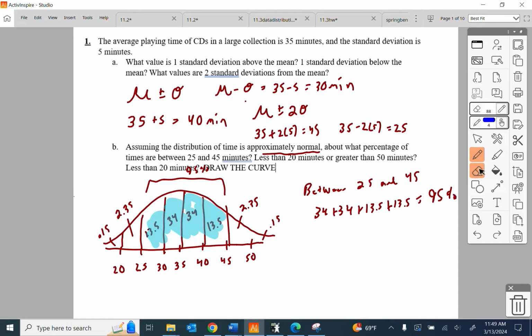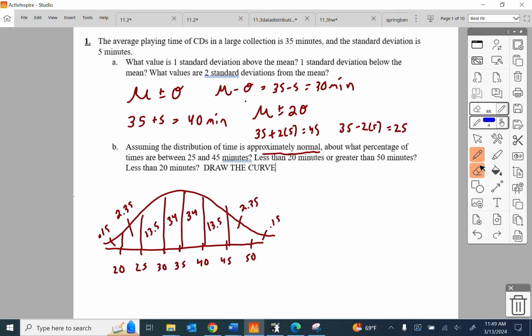Less than 20. Oh, let's reset the page. Next up is less than 20. That's going to be this little bit over here. It's going to be 0.15%. Greater than 50, and they are the same.